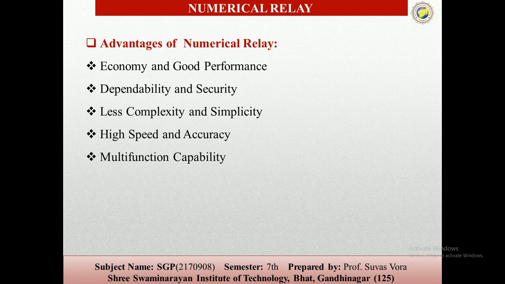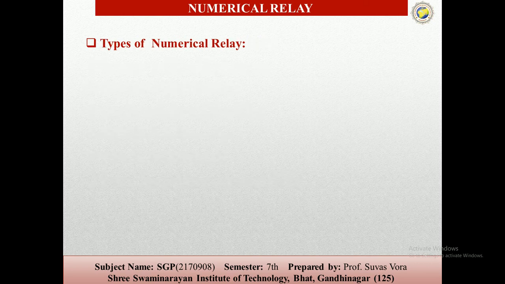The current signal is sensed using the CTs, converted by analog signal conditioning, then passed through sample and hold circuits, then the analog multiplexers. The signal is changed from analog to digital, and the microprocessor unit is used to take decisions.